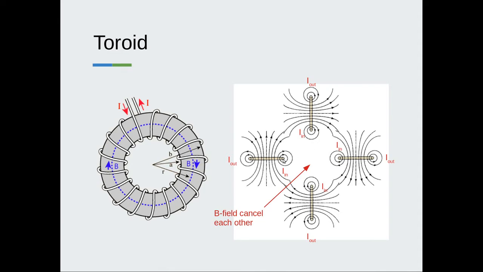But on the other side, the current is flowing out of the paper, and the magnetic field is going downwards. Yeah. So this is to the top, this is to the bottom. The current is exactly the same, the strength of the magnetic field is exactly the same, but pointing in opposite directions, isn't it?